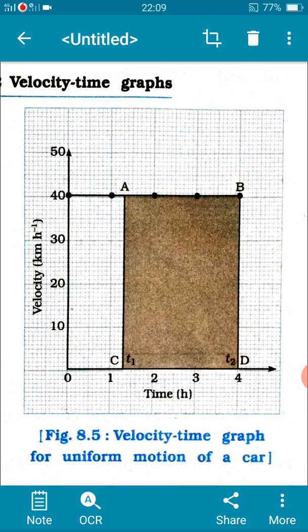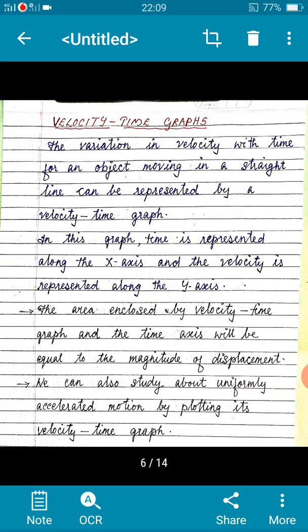Is that clear? Now, the velocity versus time graph can be used to find out the magnitude of displacement. How can you find it out? The area enclosed by the velocity versus time graph and the time axis will be equal to the magnitude of displacement. So the area enclosed by the graph gives you the magnitude of displacement.